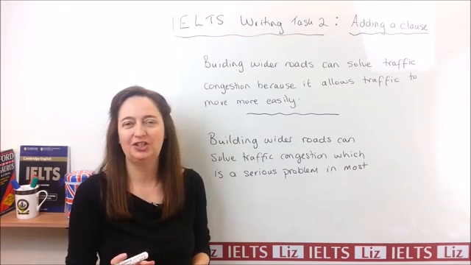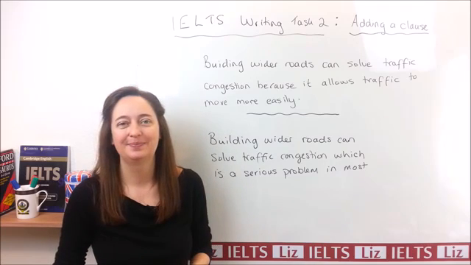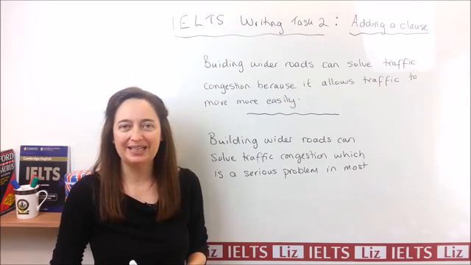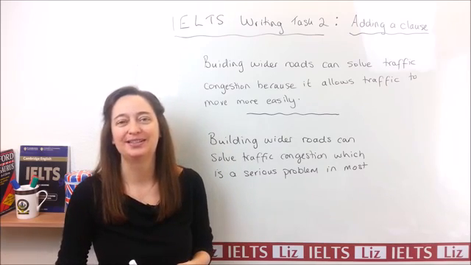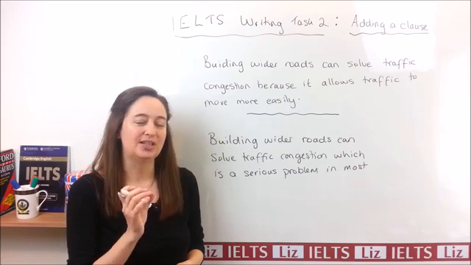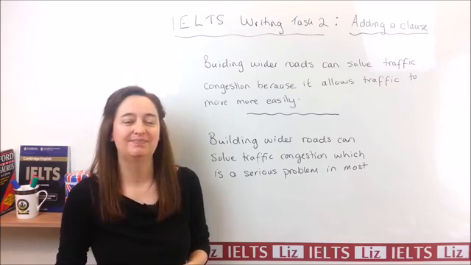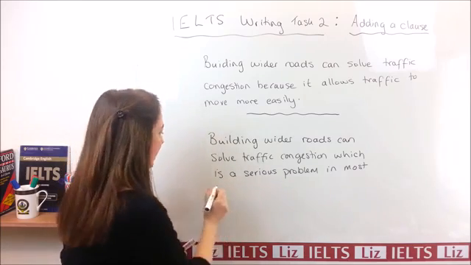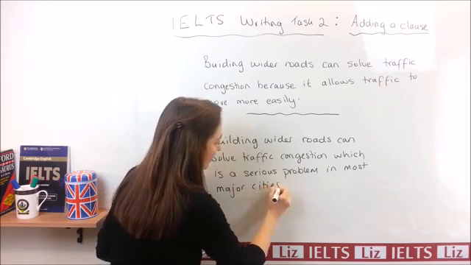Is the traffic congestion in big cities or small cities? Well, it's usually in the big cities. And again, we need to paraphrase the word big. Can you think of a word that we could use, an adjective for big, that connects to cities? Well, we could say in most major cities.